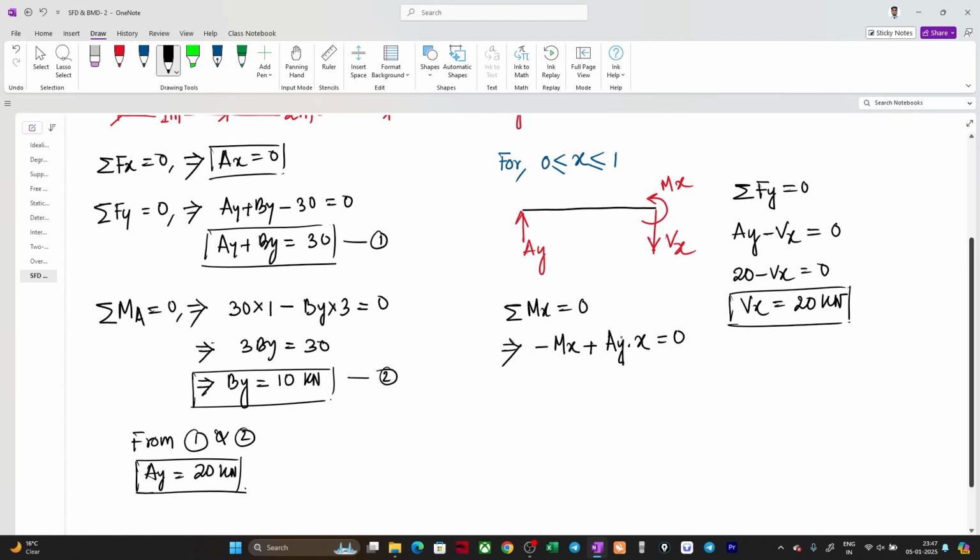The distance is x, so the force multiplied by lever arm is the moment developed clockwise, so that is plus, equal to 0. So Ay is 20, so we can say Mx equal to Ay x, right? So Mx equal to 20x.